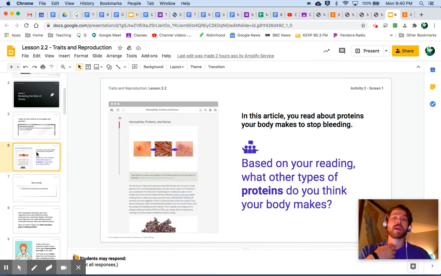Well, in the article that we read yesterday, what other types of proteins do you think your body makes? This is related to our warm-up question. We know that we make these clotting proteins, and in the simulation, we saw that spiders made these types of proteins. What about you?